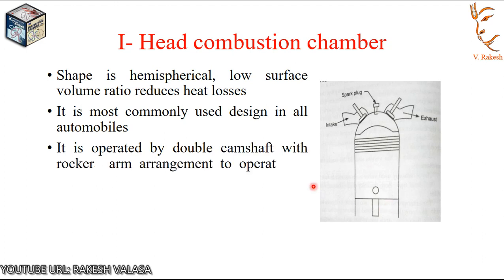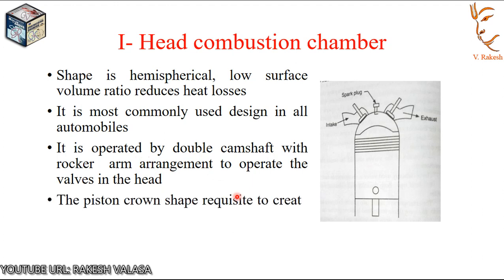It is operated by double camshaft with rocker arm arrangement to operate the valves in the head. The piston crown shape is required to create turbulence. The spark plug is located centrally.